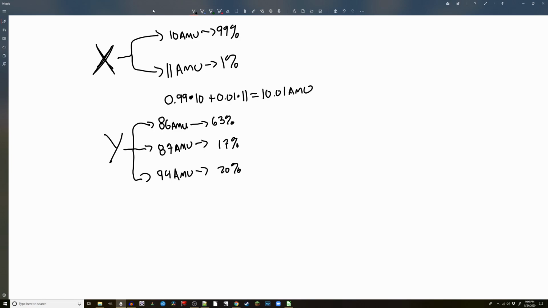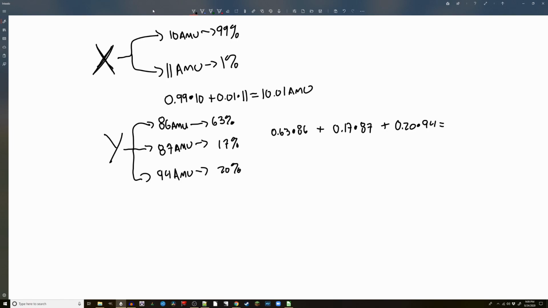So in order to calculate the average AMU for this particular element in the universe, we would do 0.63, that's this guy, times 86, plus 0.17, that's our 17%, times 87, plus 0.20 times 94. I have just invented these numbers off the top of my head, so why don't you do it along with me?